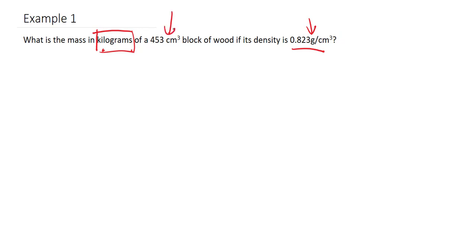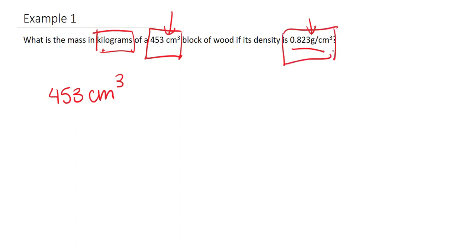So the first thing we're going to do is we're going to start out with the known volume. So we have 453 cubic centimeters. Next, we're going to use our conversion factor here. Density is a conversion factor. So notice that we can just leave it as is. We don't need to flip this.